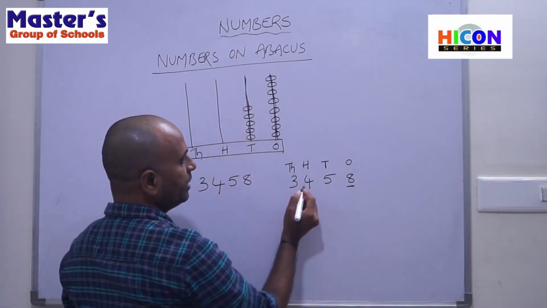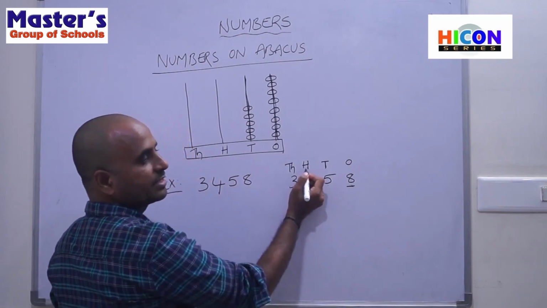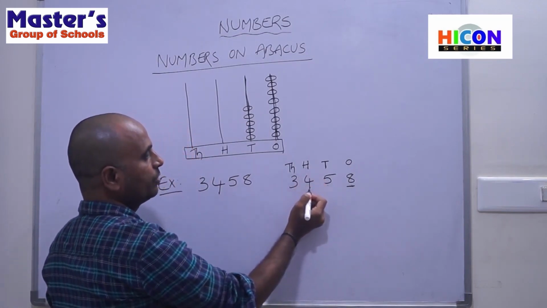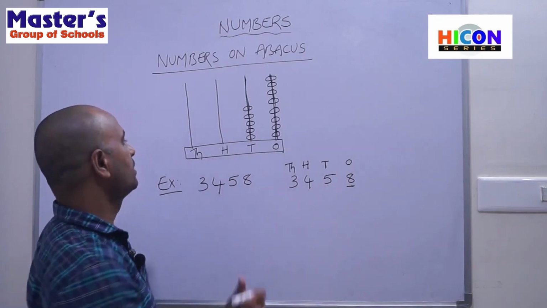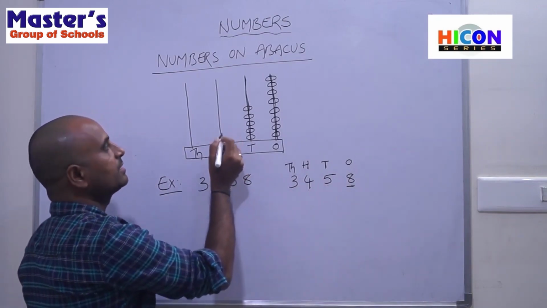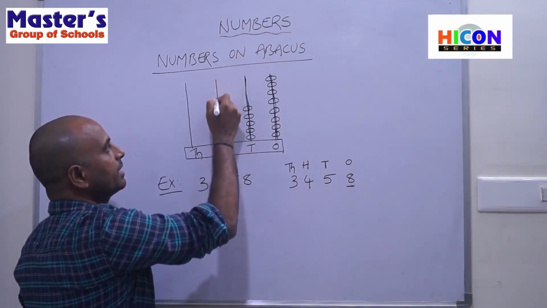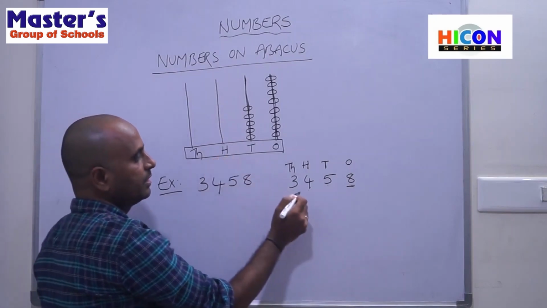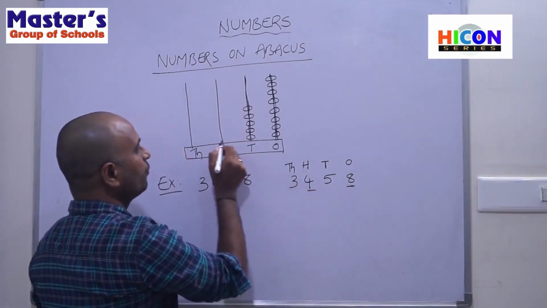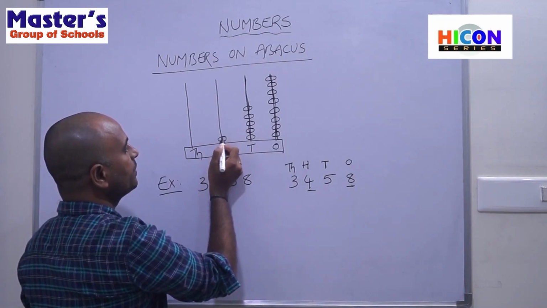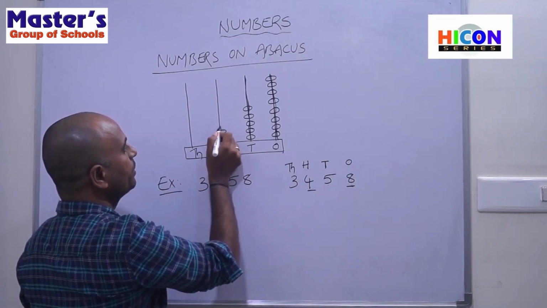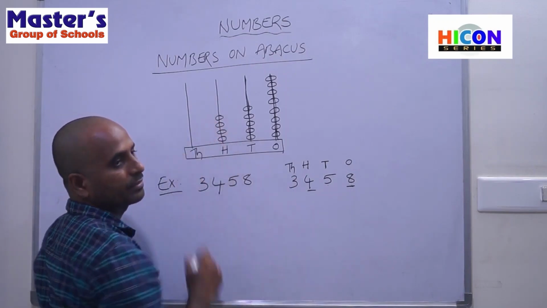In the same way, 4 is present in hundreds place. That's why we have to draw 4 beads on hundreds place stick. Here the third stick represents hundreds place, and we have to draw 4 beads on it. 1, 2, 3, 4.